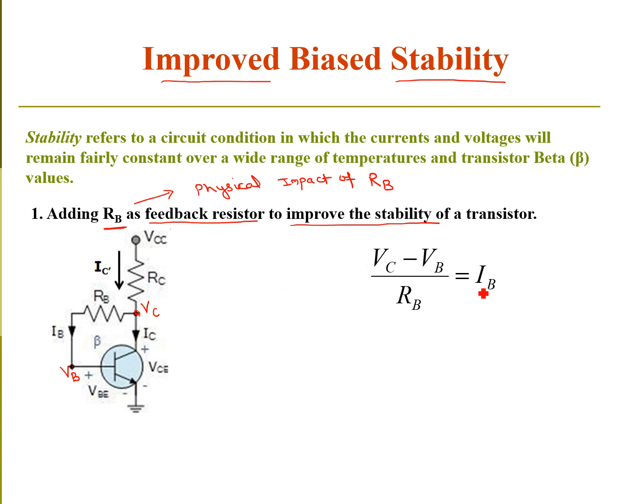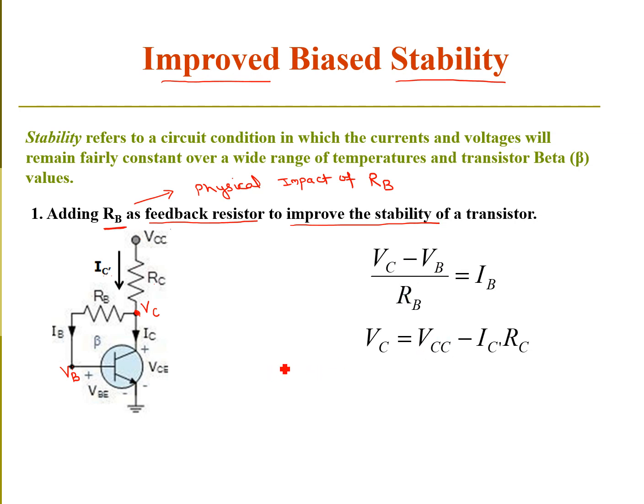This is the value of IB. And VC, the voltage at this point, will be nothing but VCC minus IC dash into RC. Now we have to talk about stability, how these equations will help us to understand the stability.